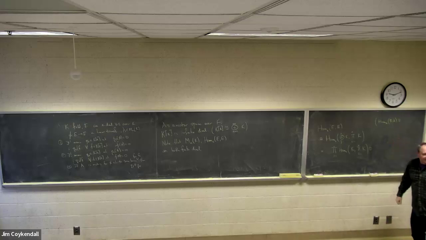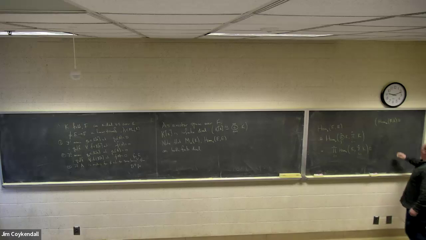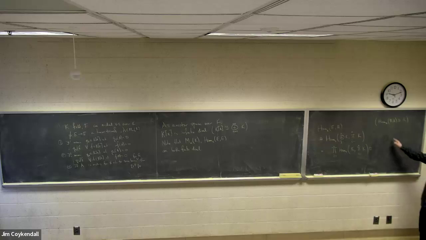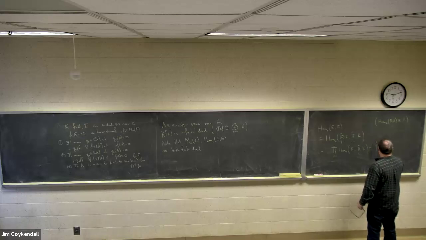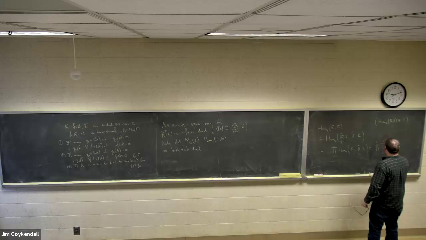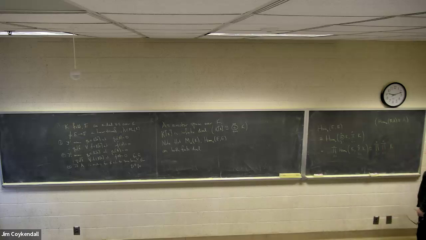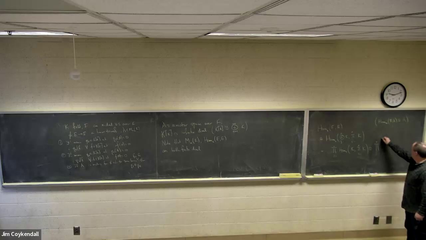Sometimes abstraction simplifies; you've already heard this. And remember, this is determined by where the basis goes, so this is isomorphic to the direct product over j from 1 to n of the direct product over i from 1 to n. So this is isomorphic to K to the n squared.